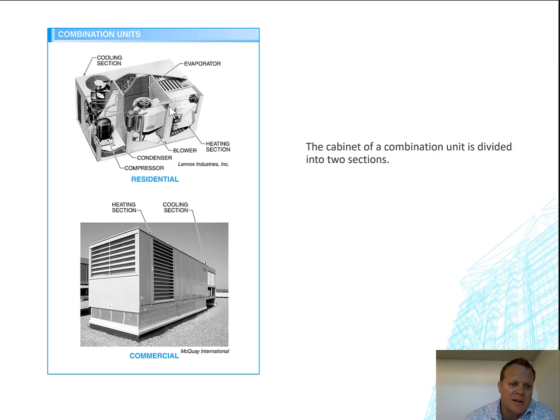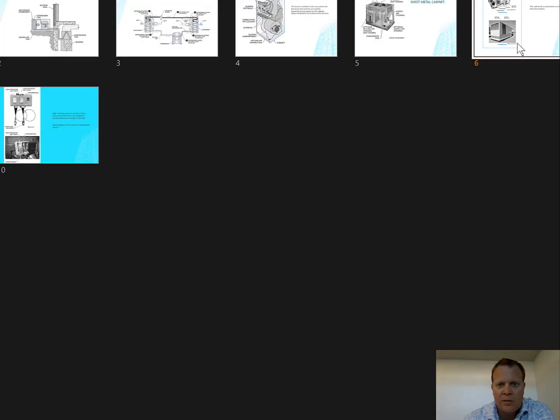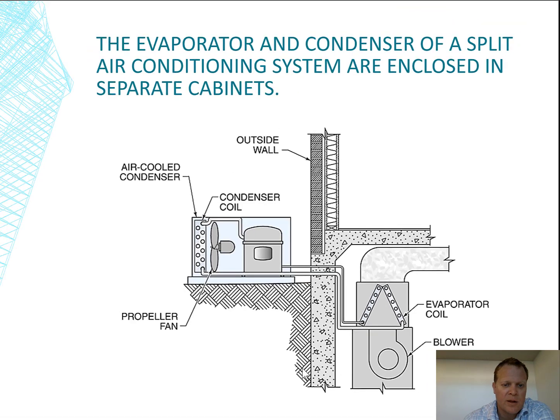It's all outside, all sitting on top of the roof, sort of looking like that. This is a very big version of the combination unit, even though I think these can still be pretty small. So on the residential side, on a typical residence, we've got the condensing unit outside and the furnace with the cooling section inside.